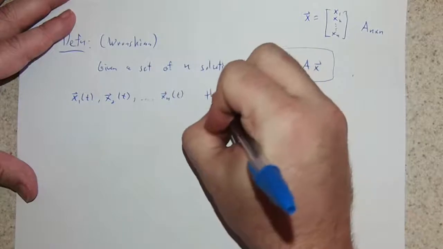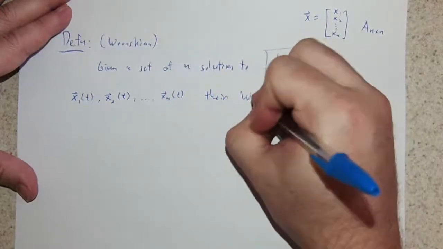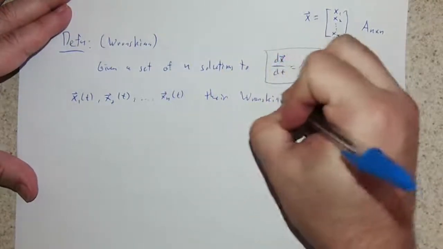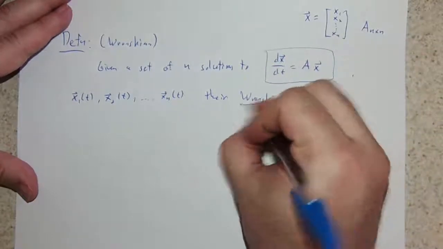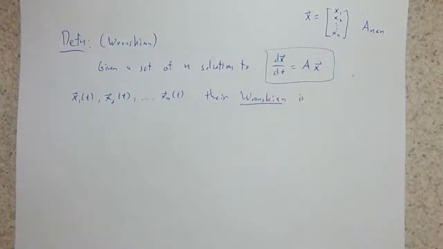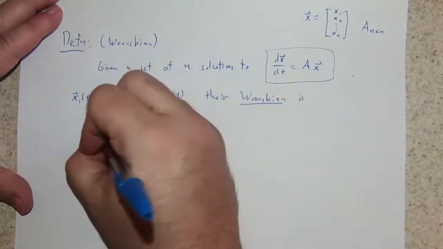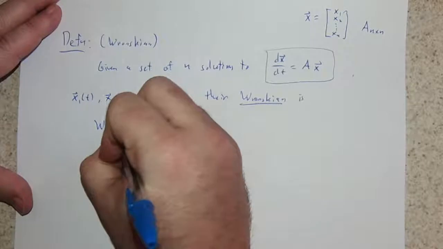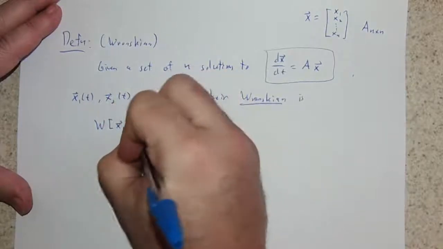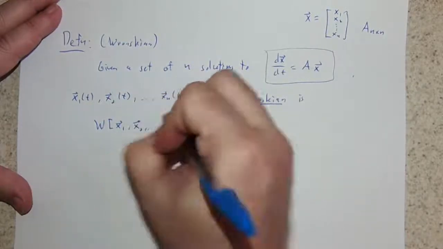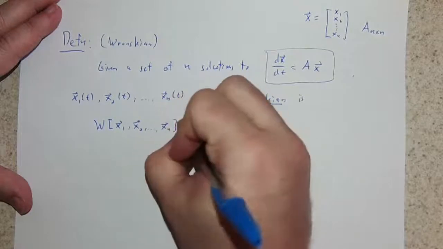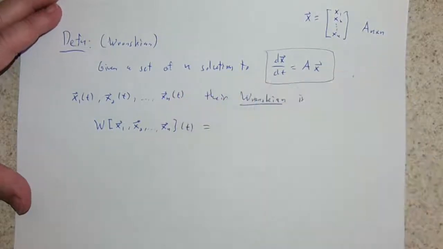Their Wronskian is the following. This is very similar to the Wronskian that we defined all that time ago. I'll write it in the same notation. This is the Wronskian of x1, x2, and so on, all the way out to xn of t. What is this thing?